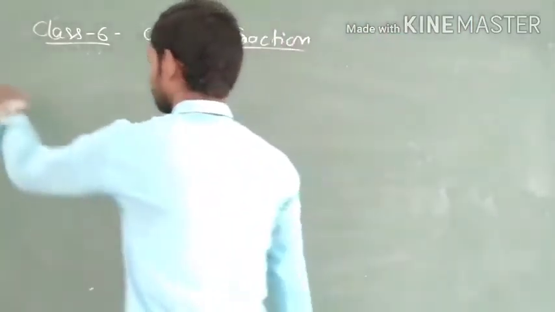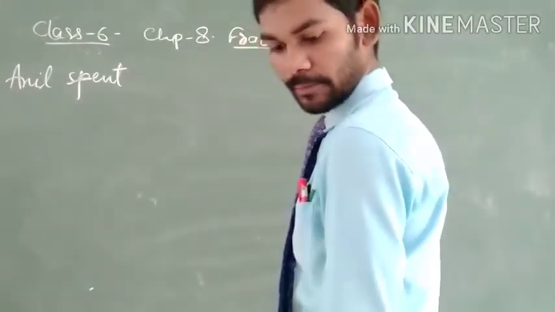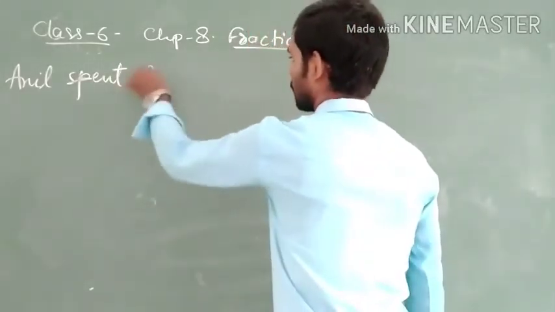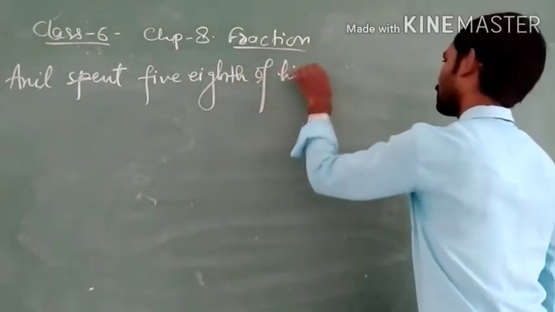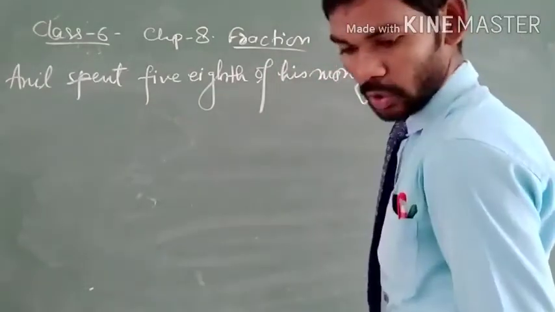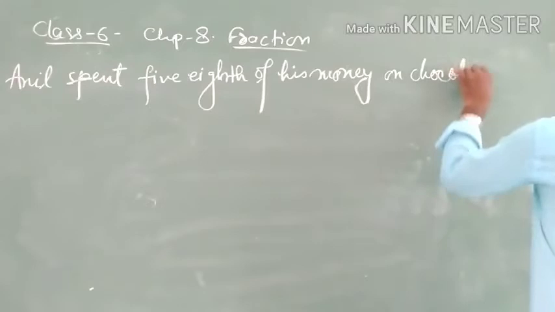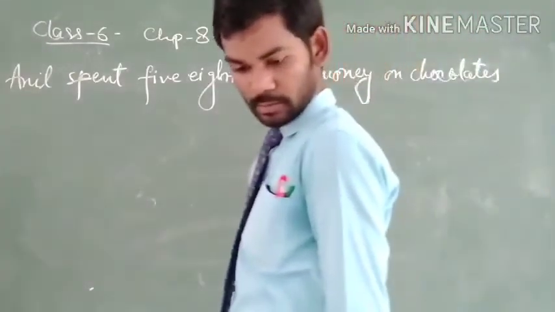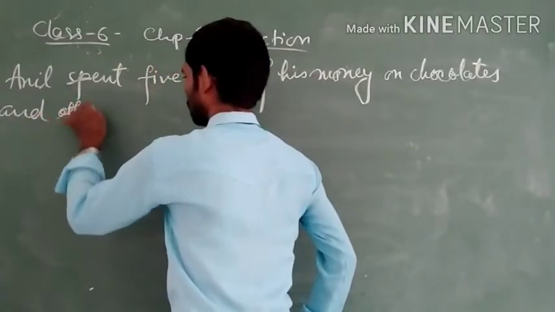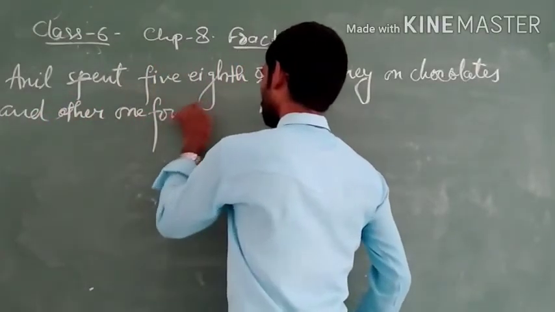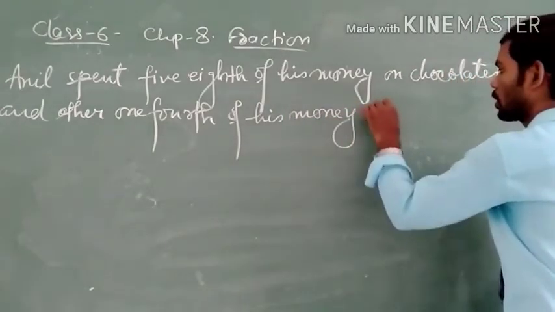Anil spent 5/8 of his money on chocolates and another 1/4 of his money on juice.